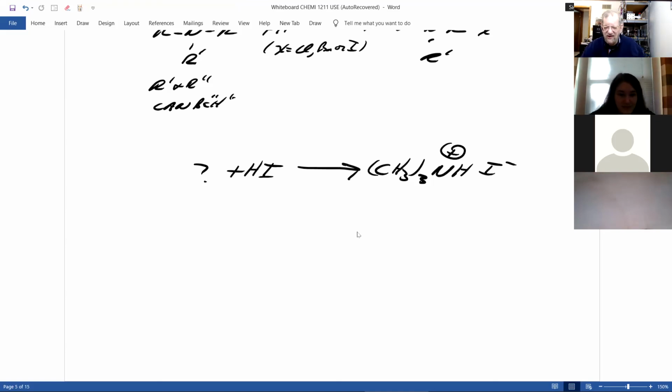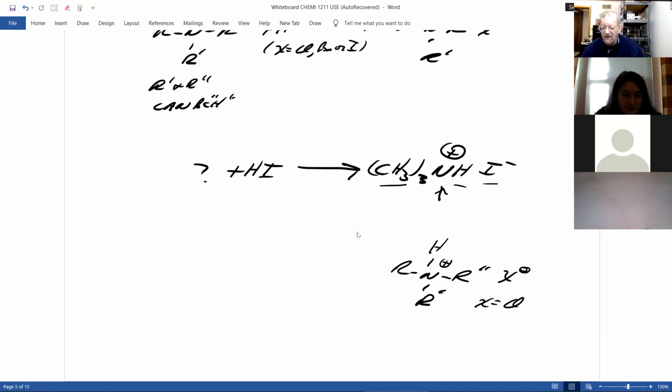All right, let's look at this. What's different? Ooh, a nitrogen with a plus charge, 3 alkyl groups and a hydrogen, an anion. That's an amine salt. X can be chlorine, bromine, or iodine. And what do you react?